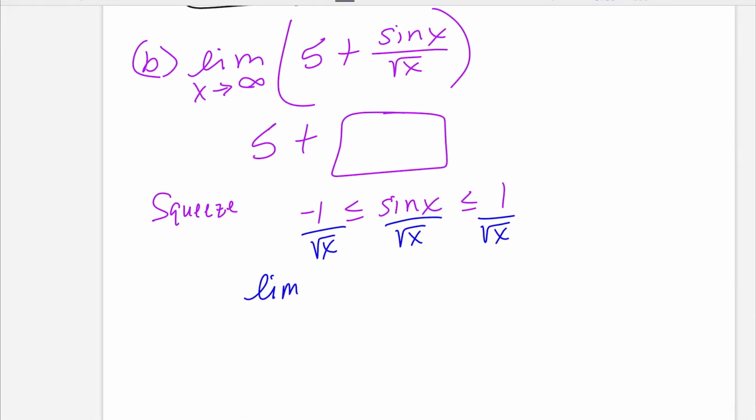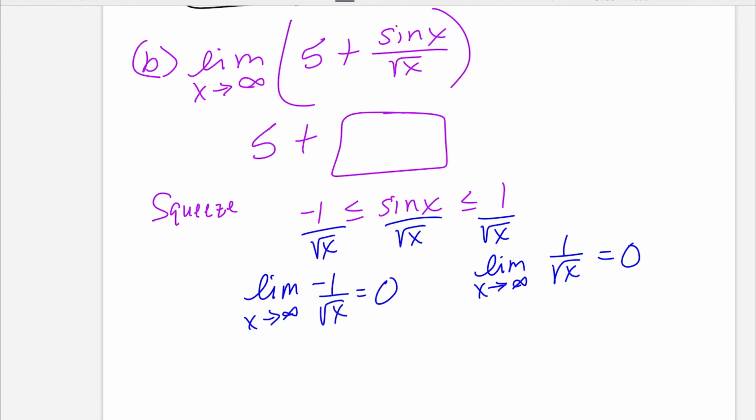So I'm really taking the limit as x approaches infinity because that's what we start with here. So we're using the same value of -1 over the square root of x. Well, what did we say? When that denominator grows huge, the whole thing goes to 0. Same thing over here. The limit as x approaches infinity of 1 over the square root of x, still 0.